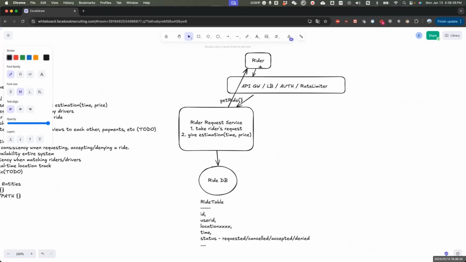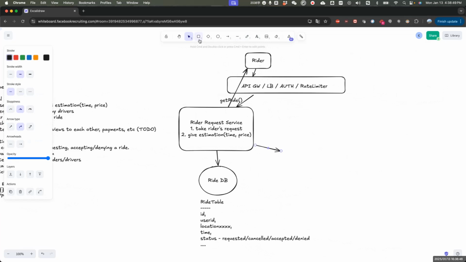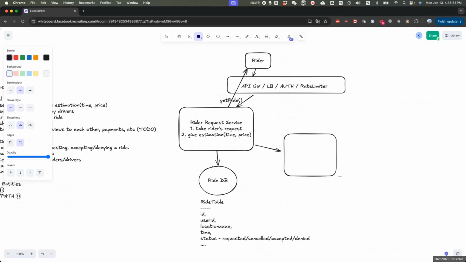Okay, so once the rider requests that ride, the ride request service sends a message to a separate service called the matching service.